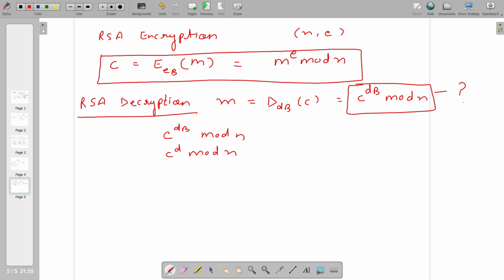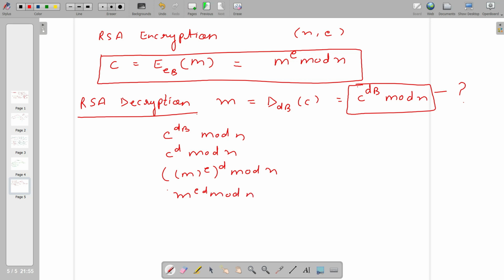Now we are going to put the value of C here. So it is M to the power E, to the power D, mod n. We can write M to the power ED mod n.